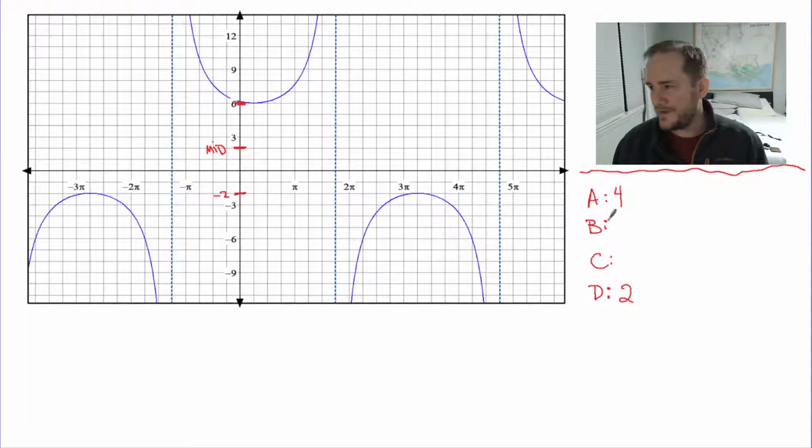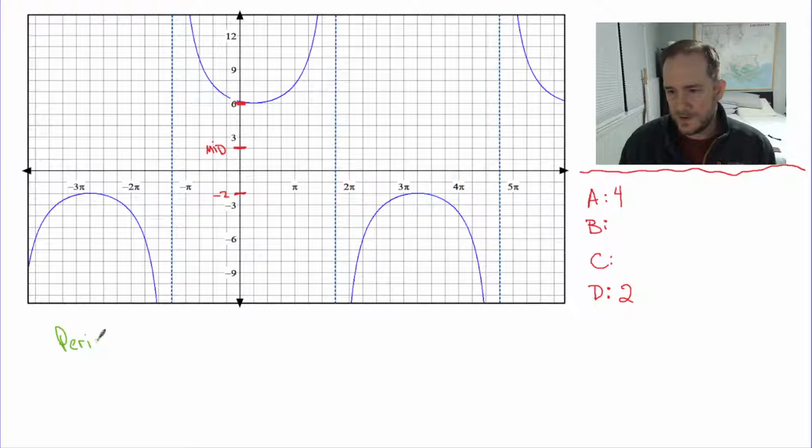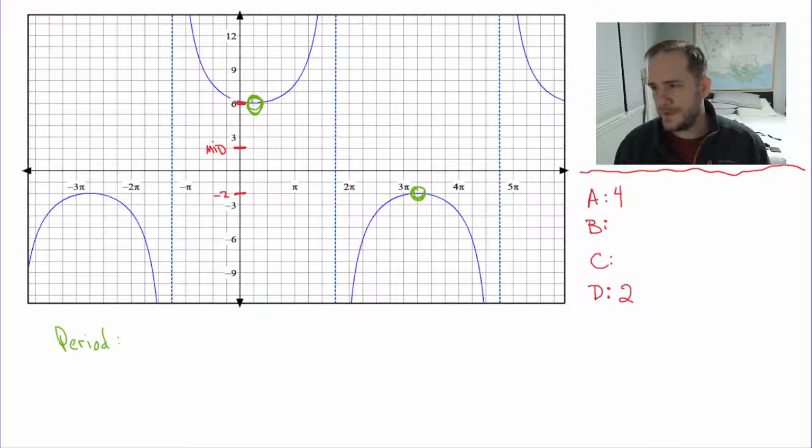Now for the B value, we get the B value from the period. So we got to get that period. And I guess my preferred method here would be, I don't know, probably the best bet would be to focus in on this local min and this local max.